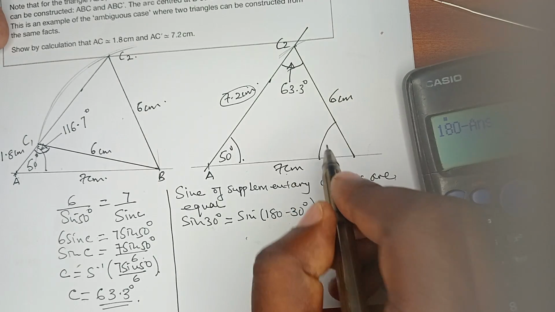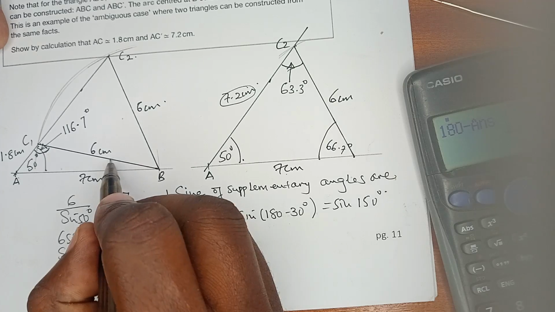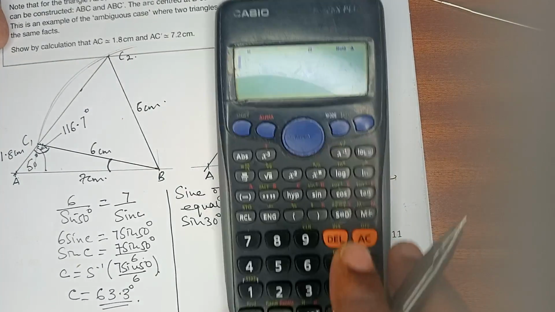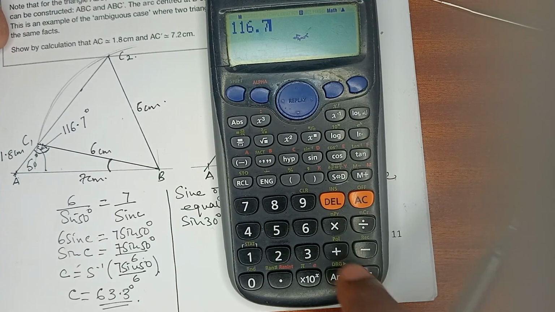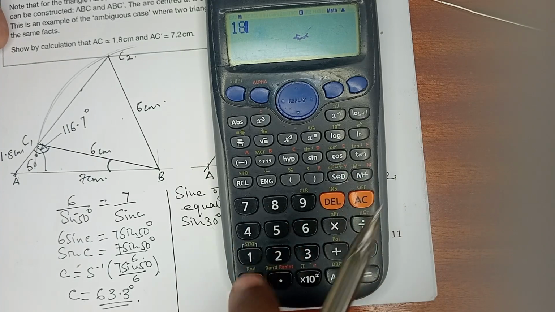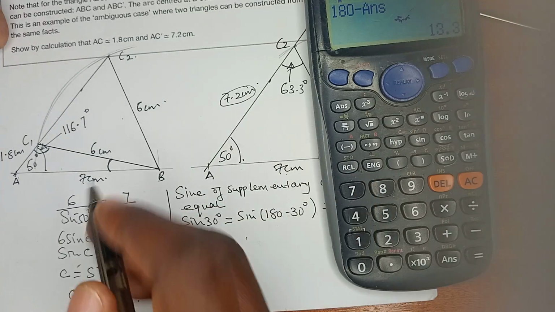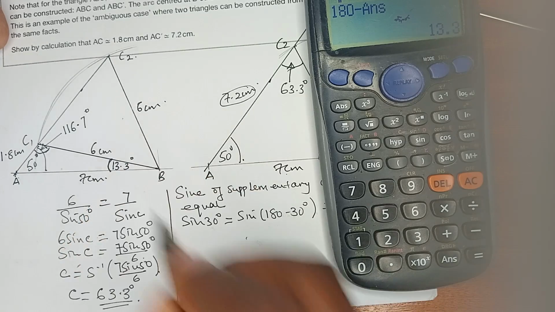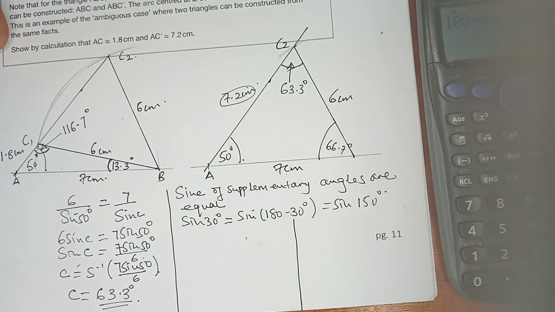This angle becomes 66.7 degrees. Let us know what this small angle here is. We have 116.7 plus 50 equals that. Now 180 minus the answer equals 13.3. This is 13.3 degrees.